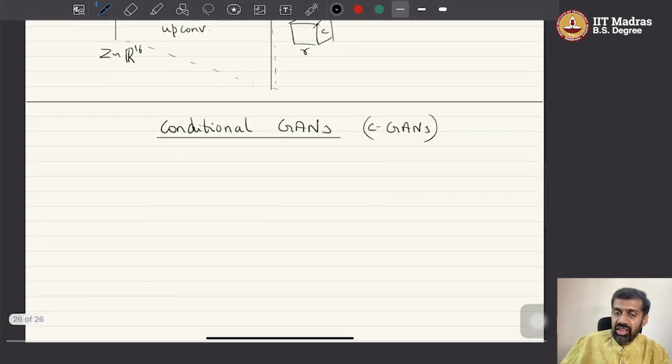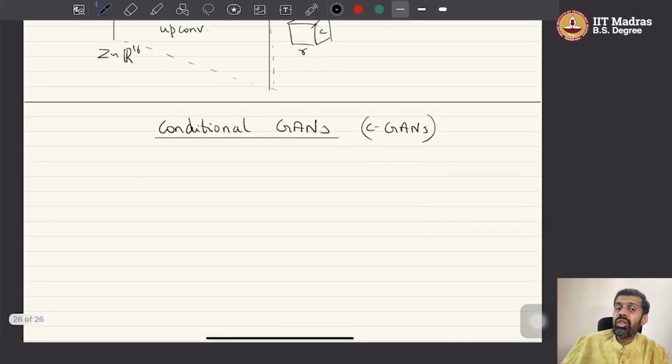But in practical use cases, one would want to generate images that correspond to a particular class, or let's say a particular textual description and so on. For instance, let's say that we are building a generative model on a data set that comprises pictures of different types of animals.